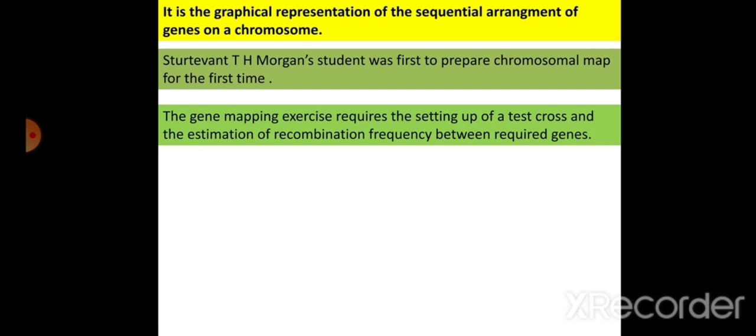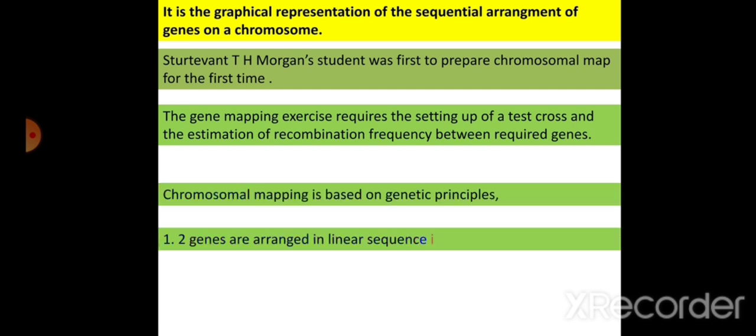The gene mapping exercise, that is preparation of the gene map, requires setting up of a test cross, and we have to estimate recombination frequency between the required genes. How to calculate recombination frequency, we will understand with the help of the next slide.